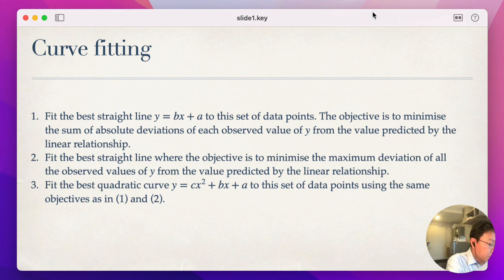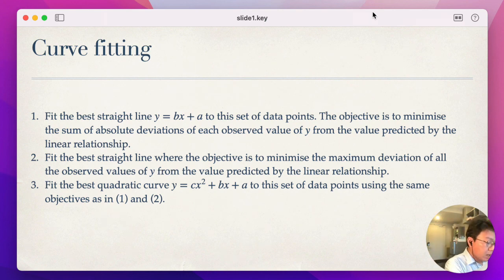We assume that the maximum error is E star. So in this case, E star is our maximum error, maximum deviation. And we want to find A and B and also E star, because we don't know yet how large E star is, but we want to minimize that one. E star is the maximum, right?